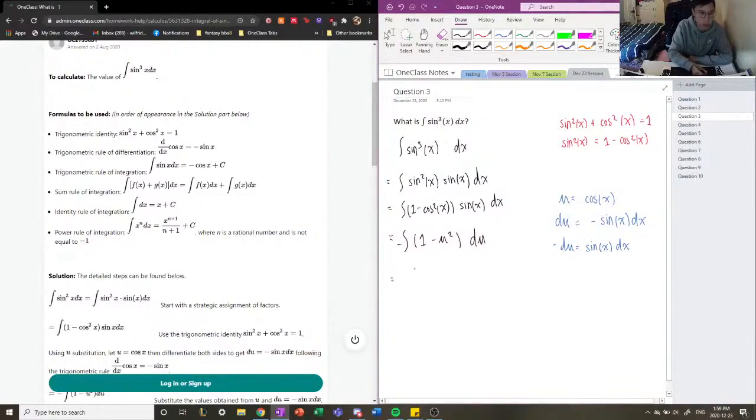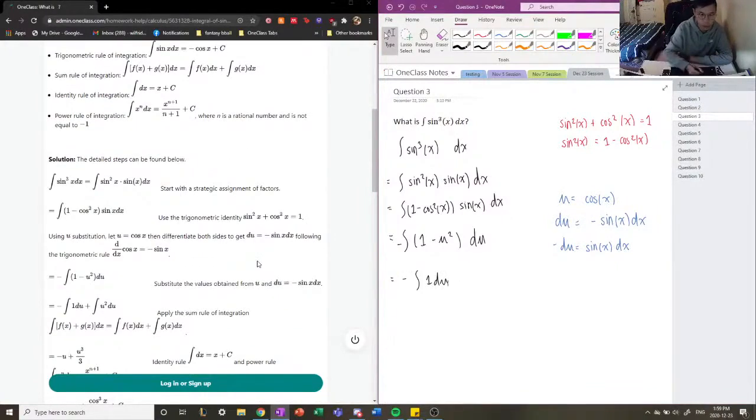We can break it up using the sum rule of integration. We get negative the integral of 1 du plus the integral of u squared du. Once we use the sum rule, we can use the identity rule, which tells us that the integration of a constant is just the variable itself, so we get negative u here.